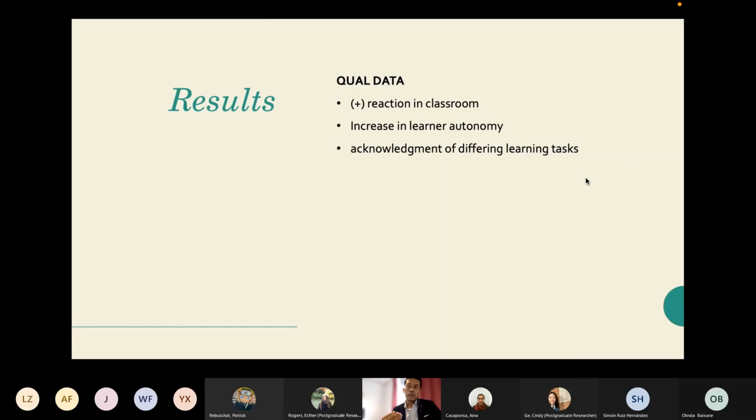One of the student participants mentioned that it was liberating. They were free to choose, and it was somewhat different. They were also cited to acknowledge that it was okay for students to be performing different learning tasks, because during the presentation they learn from each other on different tasks.